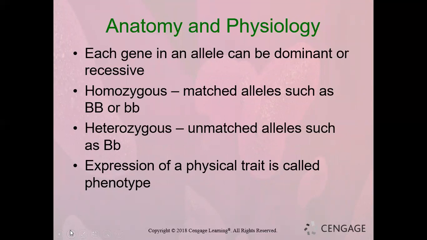Each gene in an allele can be dominant or recessive, and homozygous means matched alleles such as big B, big B or little b, little b, and heterozygous are unmatched alleles such as big B, little b. This is kind of hard to explain in an online lecture, but you can look it up. It's actually pretty interesting. This is how we decide if people will get certain disease states. We don't decide, but we can figure out if they're going to.